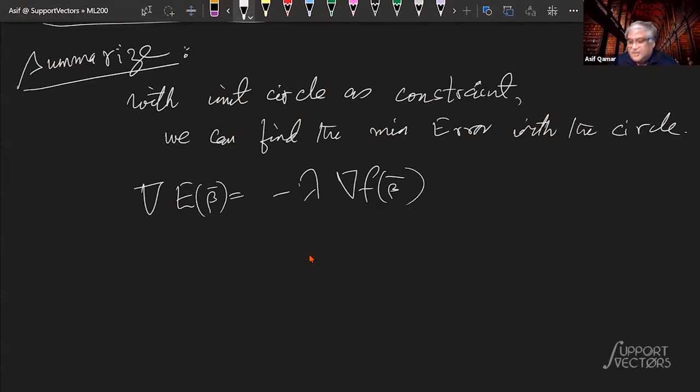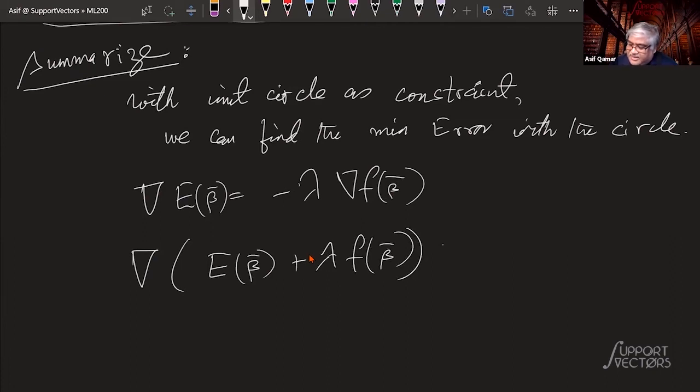Now, let us rewrite this equation. What we are basically saying is the gradient of E(beta) plus lambda F(beta) is 0. This is what we are trying to find, isn't it? I just rewrote this equation.